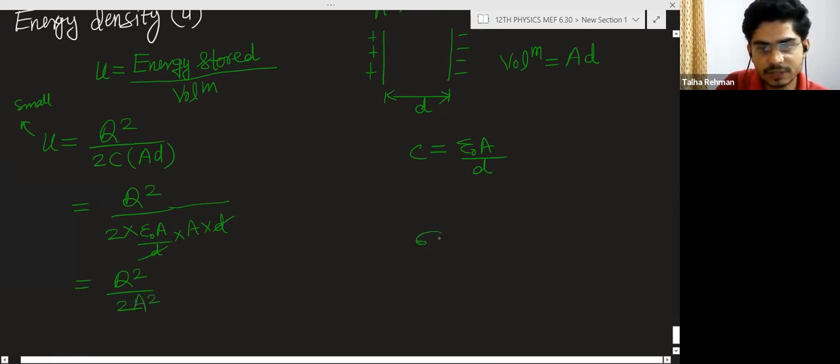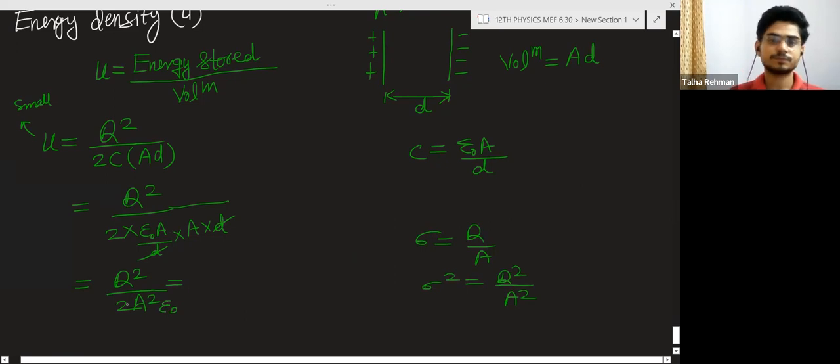And we know that sigma is equal to Q by A, and sigma square is equal to Q square by A square. There is one more term here, epsilon naught. So from here I can write Q square by A square is sigma square, and this is 2 epsilon naught.